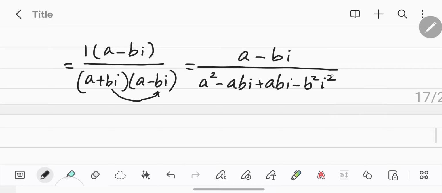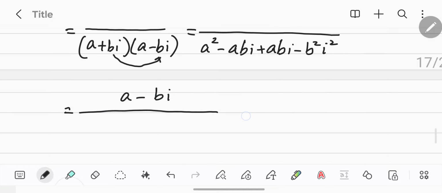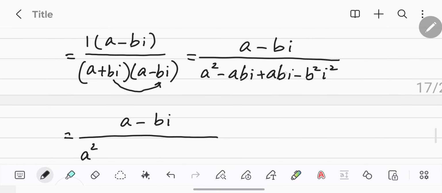Now, we know from the previous video that iota square is equal to negative 1. So I will put here negative 1. And the rest of the things are as it is. So a minus b iota divided by a square minus, okay, let's look.